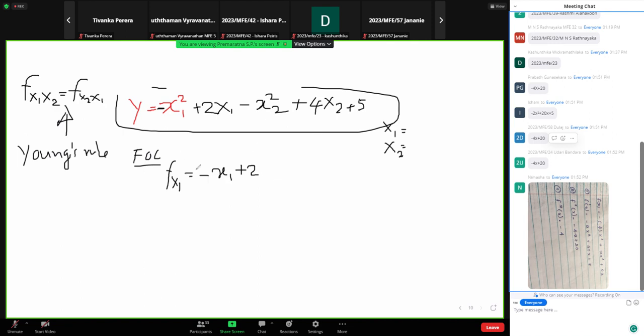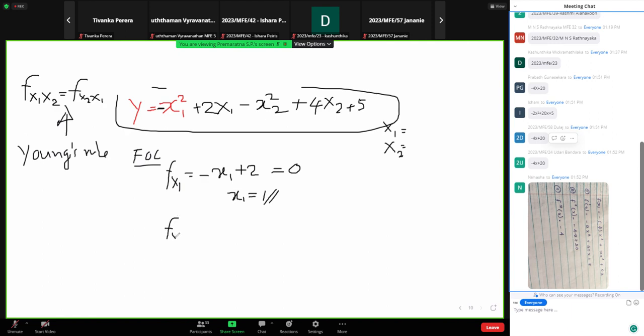For the maximum or minimum value, the first order condition has to be equal to 0. So you can see x1 equals 1. There you get the optimal point.